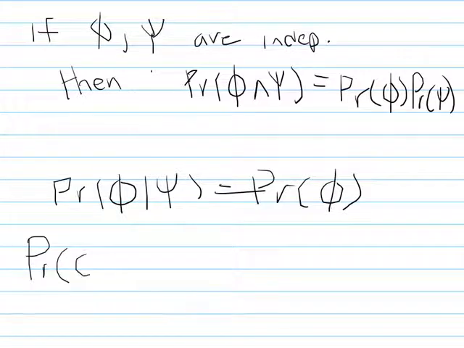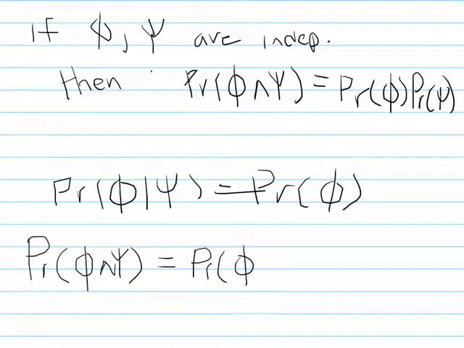So the general rule from a moment ago, excuse the rough writing, is that the probability of phi and psi equals, in general, the probability of phi given psi times the probability of psi.